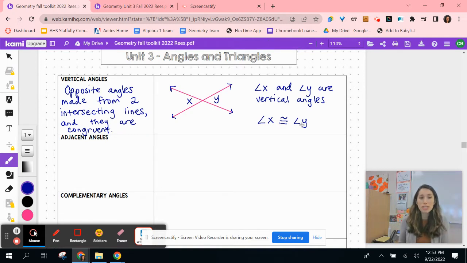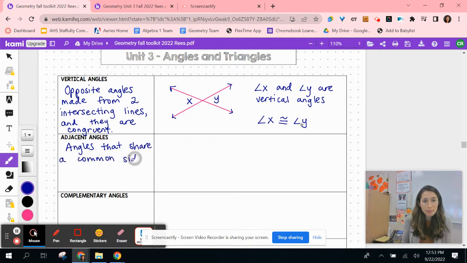Now we're going to look at angles that are adjacent. Those are angles that are next to each other, essentially. So adjacent angles are angles that share a common side and vertex.